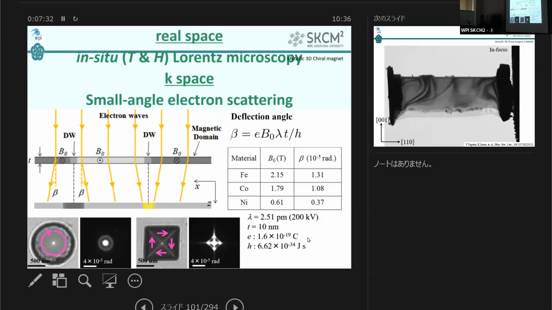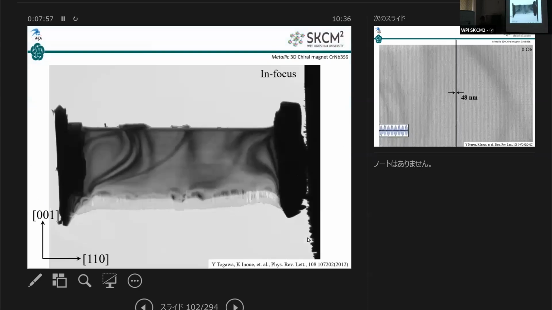This is a cartoon of how to measure Lorentz STEM. We irradiate electrons from the top onto a sample that is magnetized. It has magnetic domains, and the Lorentz force bends the transmitted electrons. Then we find the magnetic texture.